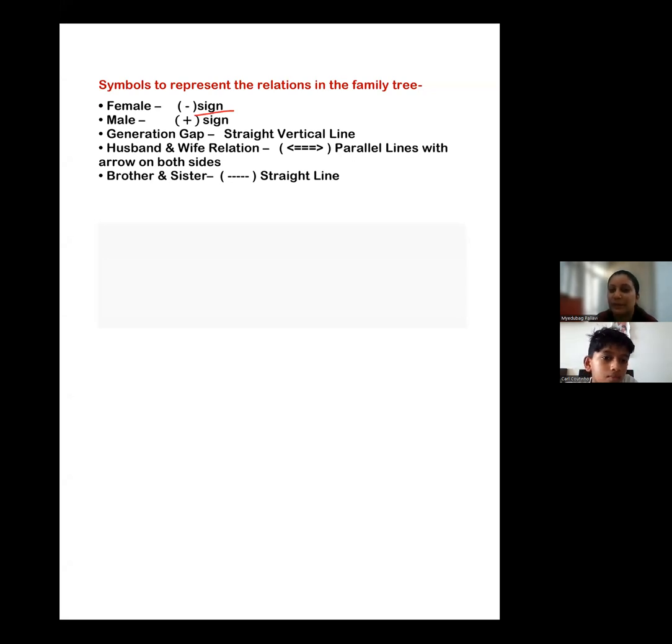When it is a female, we can denote it with a negative sign. For example, if we have to write that S is the daughter of Q, above S I'll put a negative sign like this. That means S is a female.